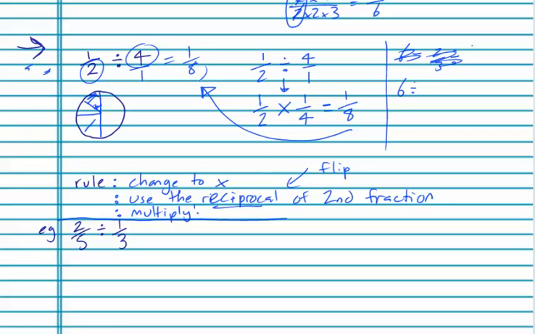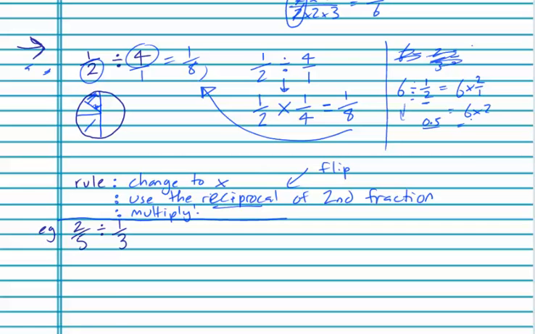Check that in your calculator, because 6 times 2/1, change to a times, flip the fraction, is 6 times 2, which is 12. And if you check 6 divided by 0.5, you'll find it's 12. So it works. Flip the second fraction upside down, change it to a times.